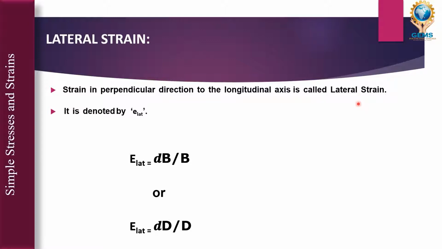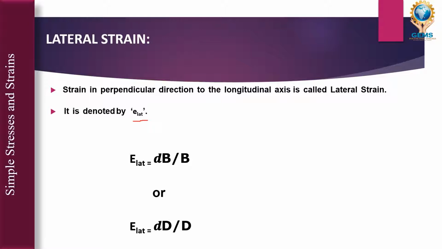Lateral strain is denoted by E lateral, and longitudinal strain is denoted by E longitudinal. Lateral strain is equal to dB by B, or lateral strain is equal to dD by D.